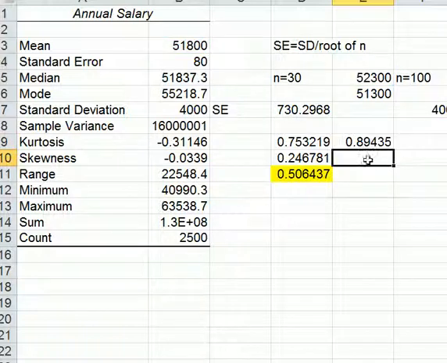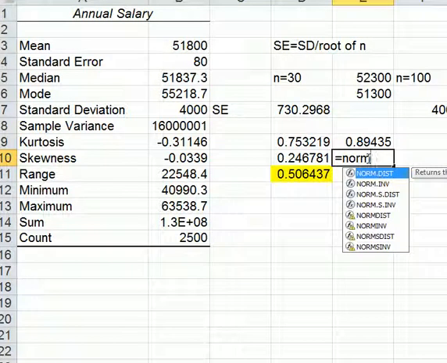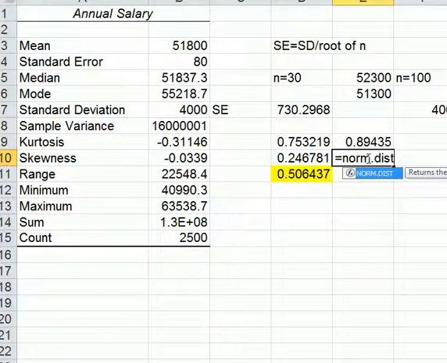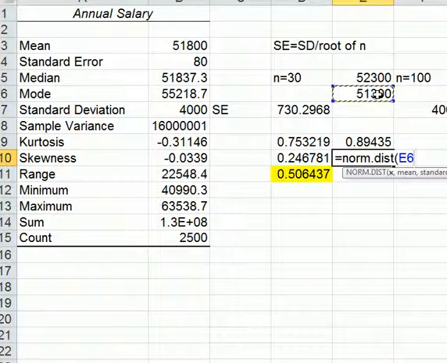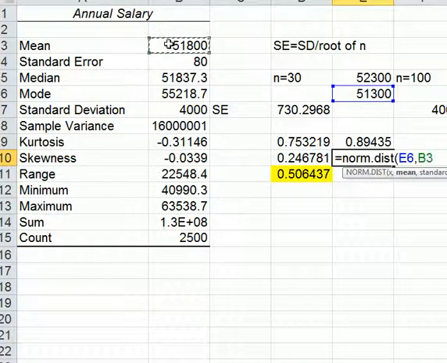Okay, so this is the right-hand edge when we have a standard error of 400. Now we need to do the left-hand edge, equals NORM.DIST, comma, this one, 51300, comma, the mean, comma, the standard error, comma, and then true.